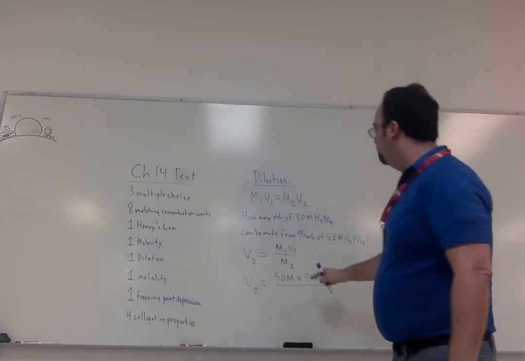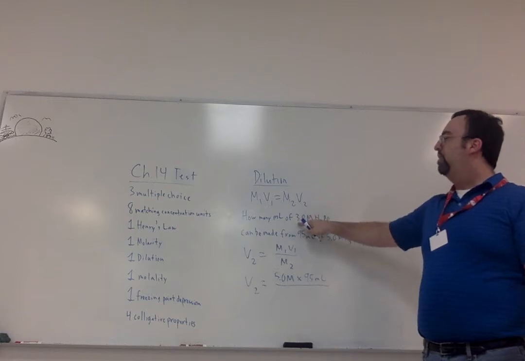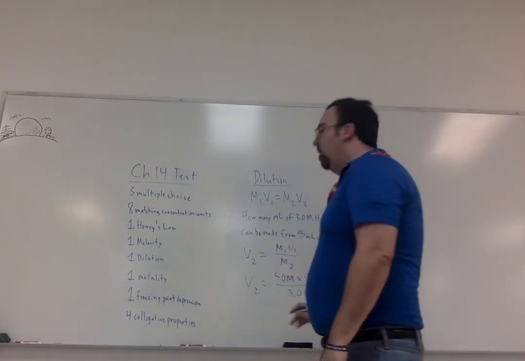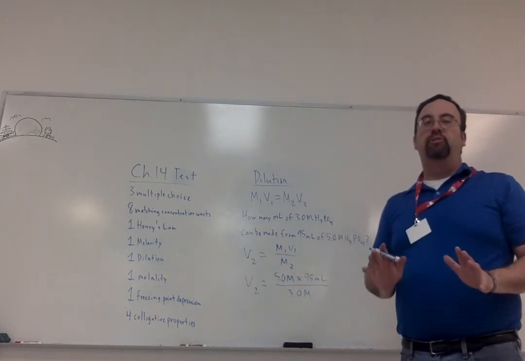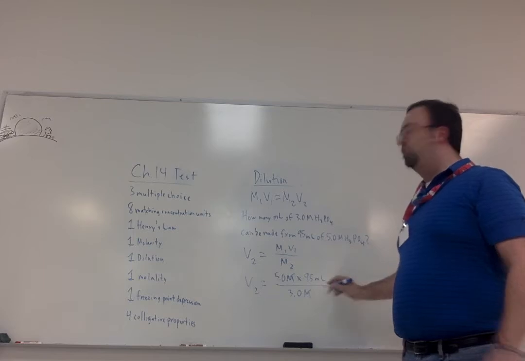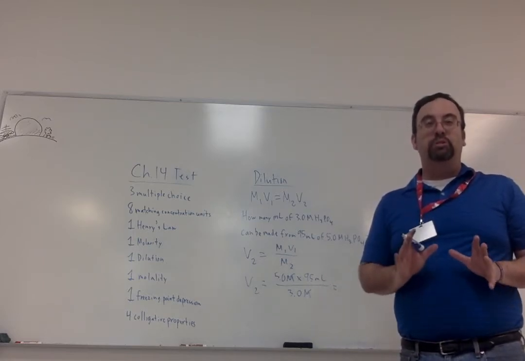I'm going to then divide this by our second concentration, which was our dilute concentration. This is going to be 3.0 molar. All right. You'll see why I kept it in terms of milliliters. The molars cancel out. You're left with milliliters, and so it's going to then set up this problem to solve the volume in terms of milliliters.